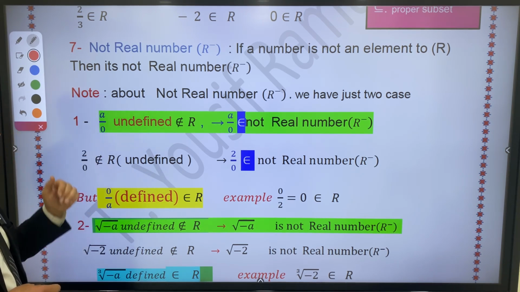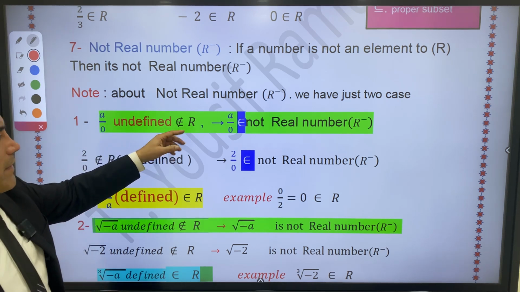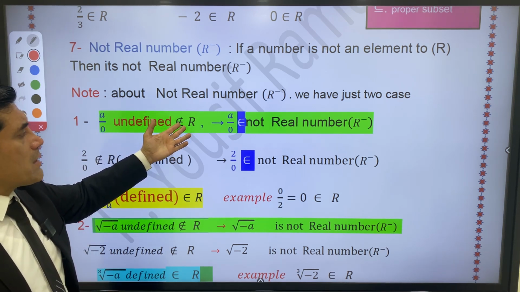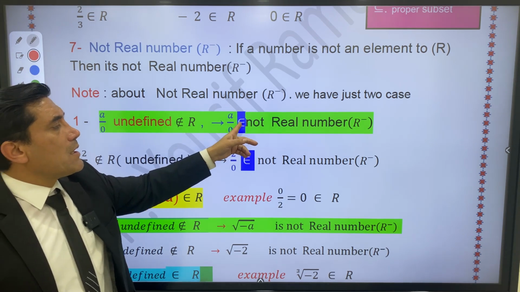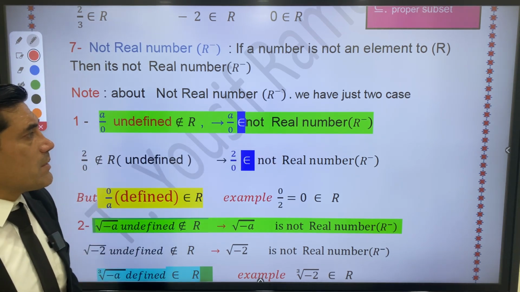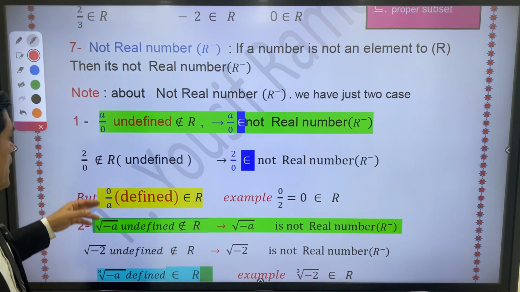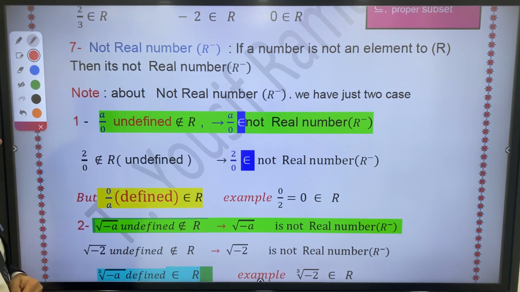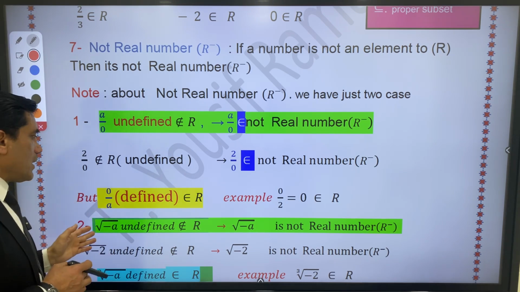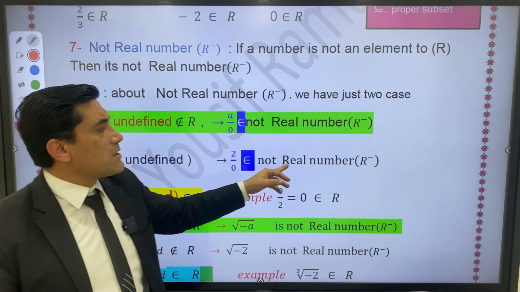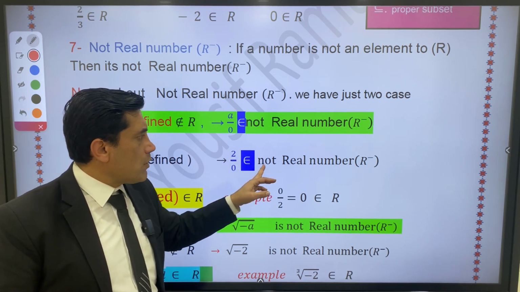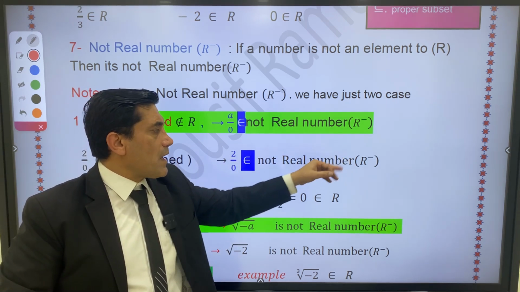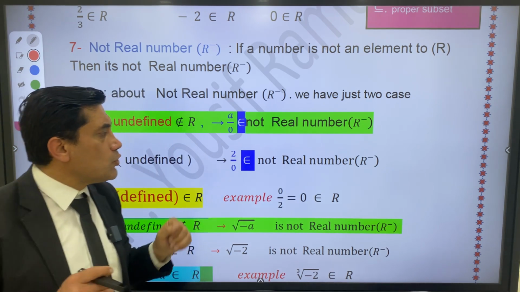That means I over 0 is not real. That means it does not belong to real numbers, it belongs to R prime. For example, 2 over 0 does not belong to real numbers. That means 2 over 0 belongs to R prime, it is not a real number.